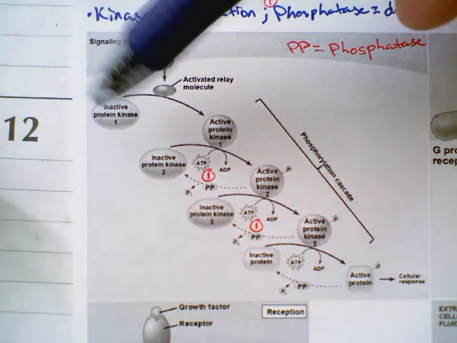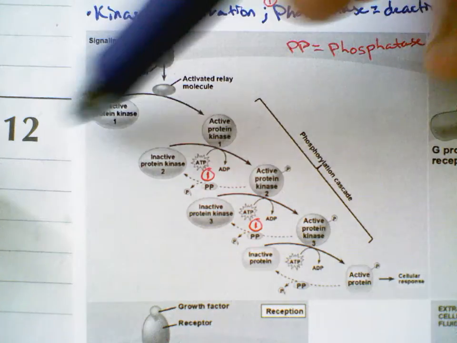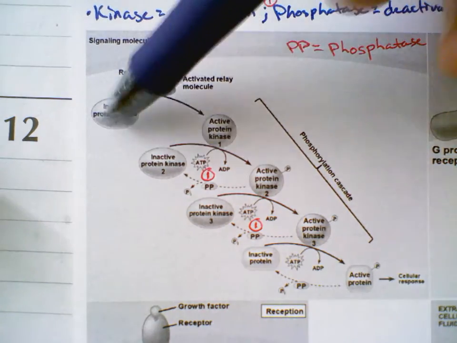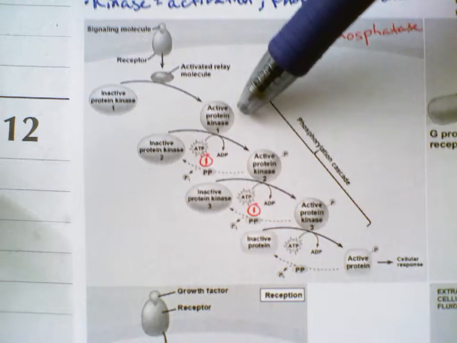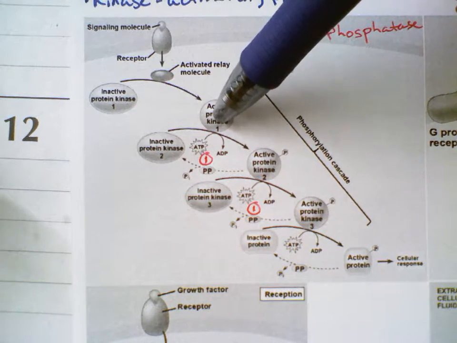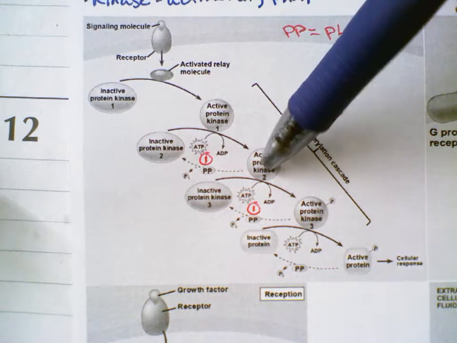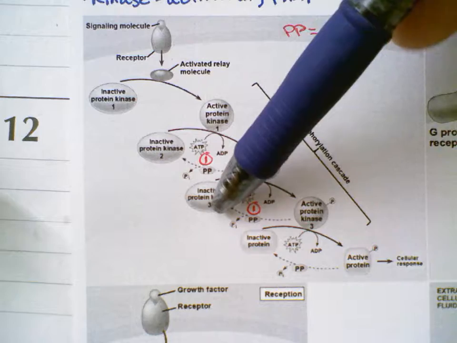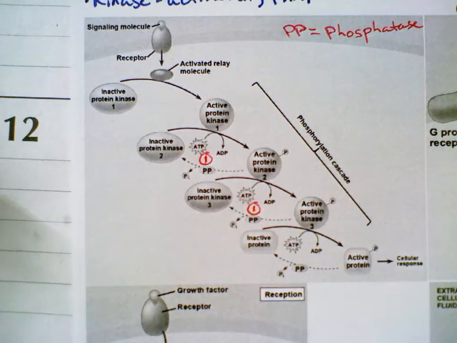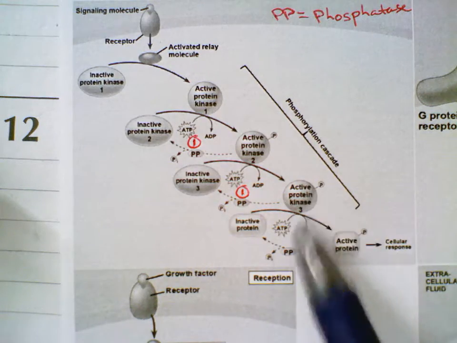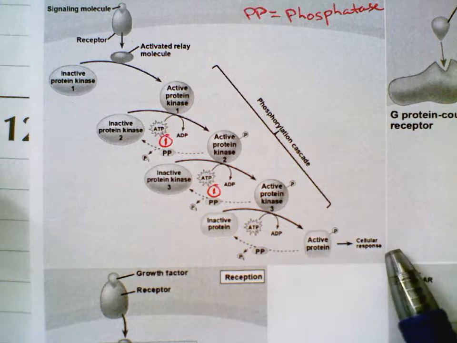And then we're going to have a series of kinases adding phosphate groups to each other. So kinase 1 would become activated, meaning it would have a phosphate group added to it. And then that is going to allow kinase 1 to then transfer that phosphate group to kinase 2, which then allows kinase 2 to transfer that phosphate group to kinase 3, and so on in a cascade all the way down until finally you're going to phosphorylate a protein that is going to perform some sort of cellular response.